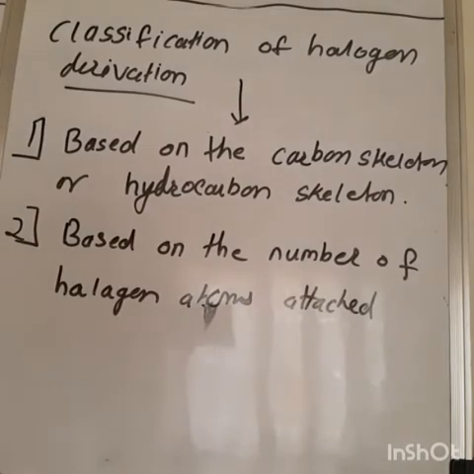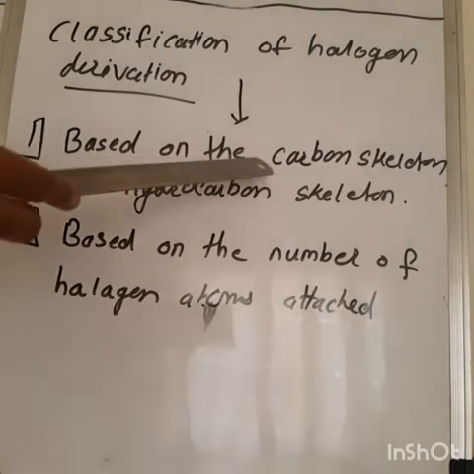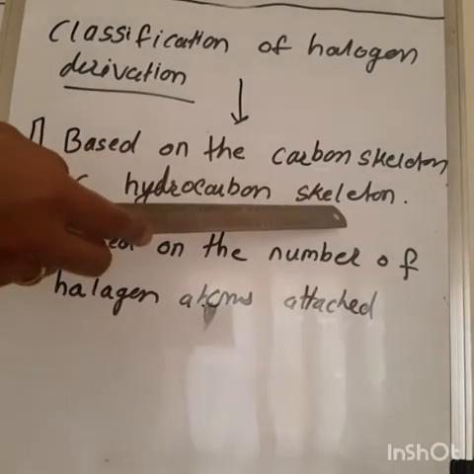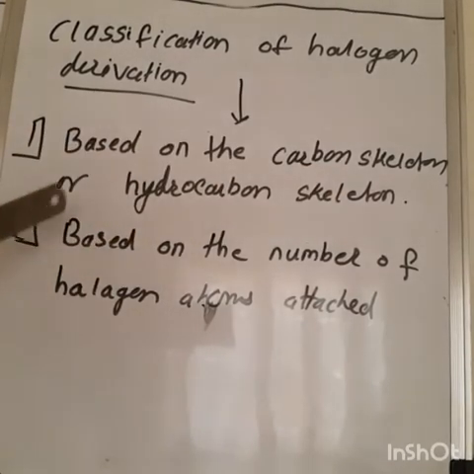So the classification is: first, based on the carbon skeleton of hydrocarbon; second, based on the number of halogen atoms attached.